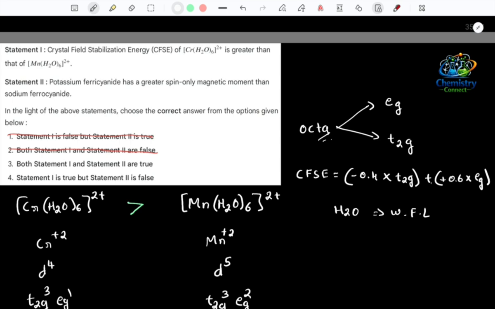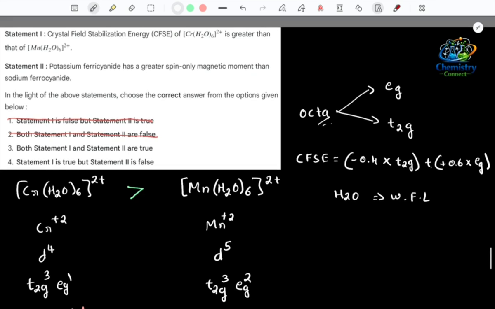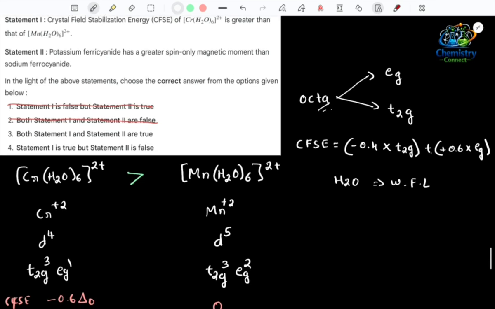If you don't know the formula, see, ferric means the +3 oxidation state, and ferro means the +2 oxidation state.